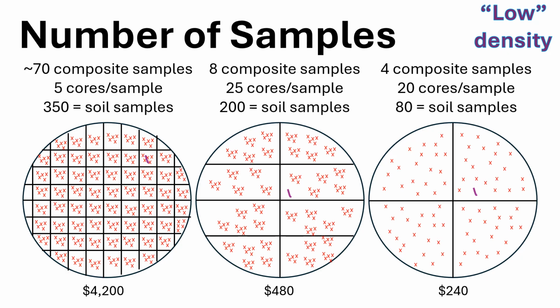You may also miss it if you're doing the medium level sampling, but with the most extreme, so either 1 or 2 acre samples, you're more likely to find it, and you're more likely to get an understanding of where it actually is in the field because you have smaller areas composing those composite samples. So we can actually pinpoint and have a better idea of where this low density nematode is if we can find it.